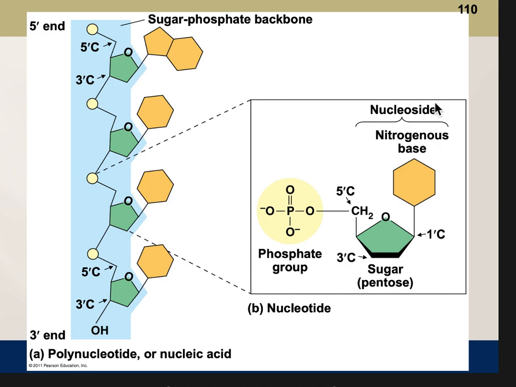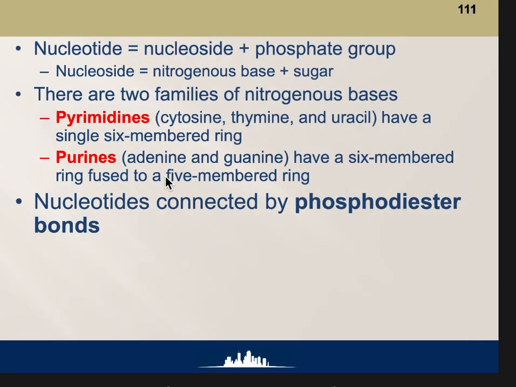A nucleoside, we can see that terminology, and we'll talk about that in the next slide. We have the nitrogenous base and this pentose sugar. This is DNA then, with a 5' end hanging off this 5' carbon, and this 3' end off the 3' carbon, and a sugar phosphate backbone, right? So a nucleotide means a nucleoside plus a phosphate group.